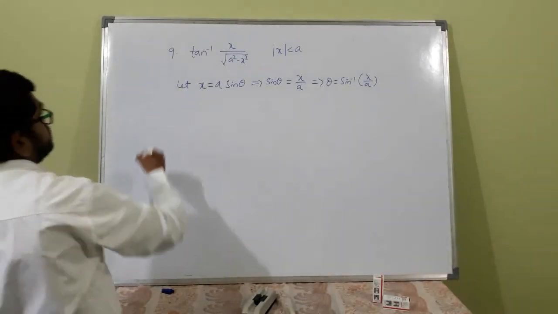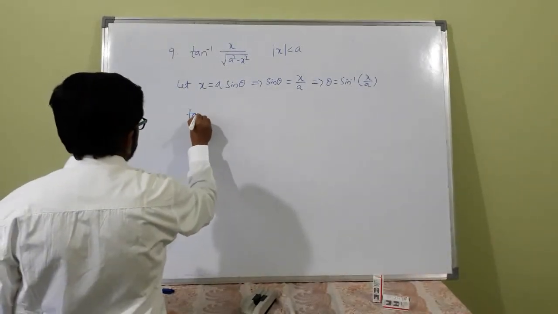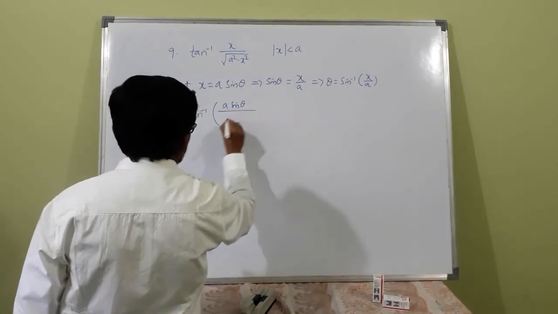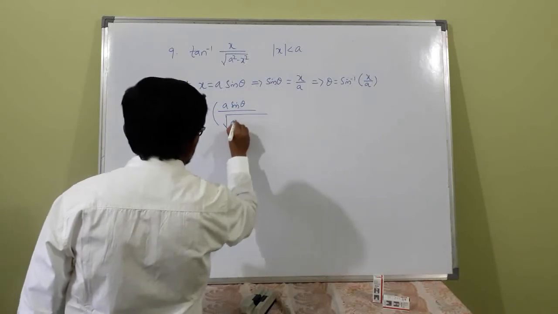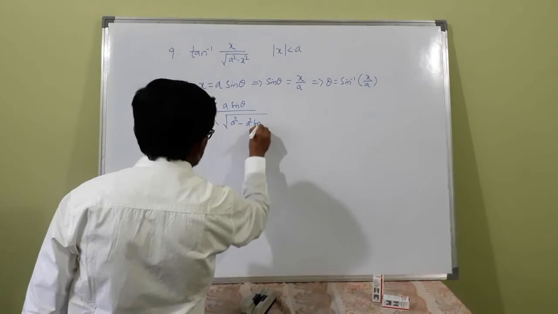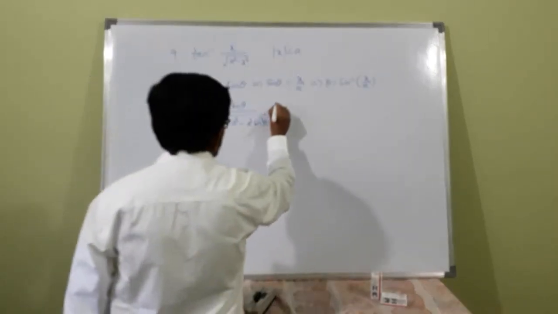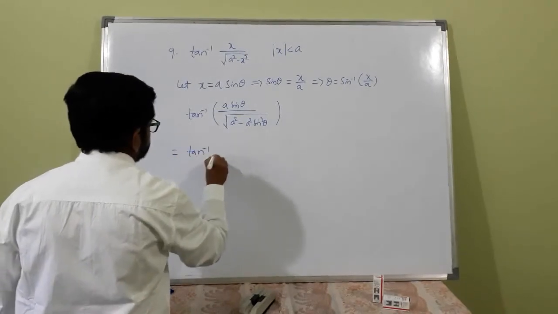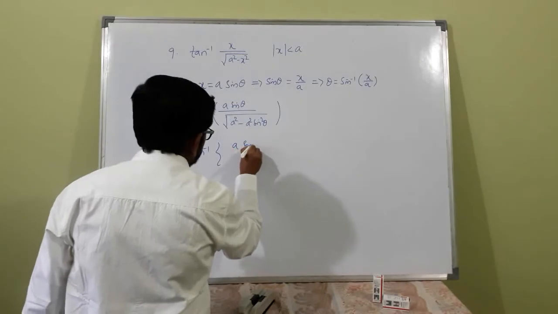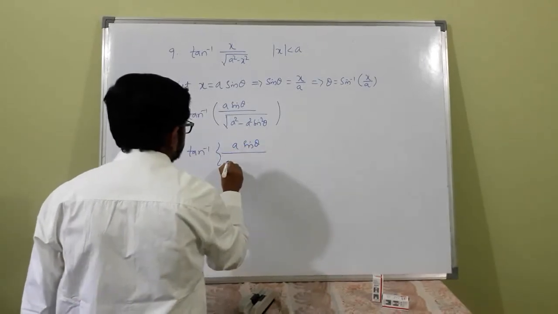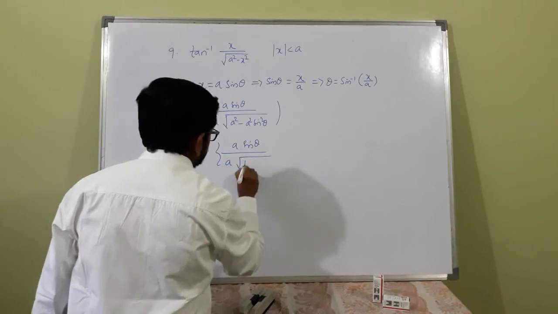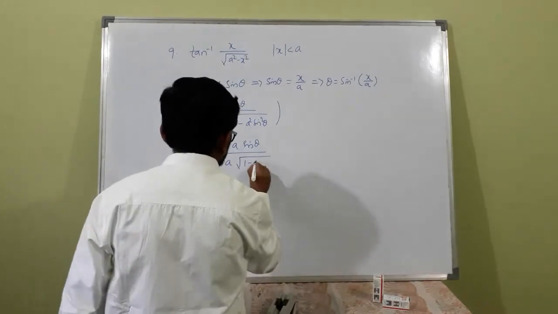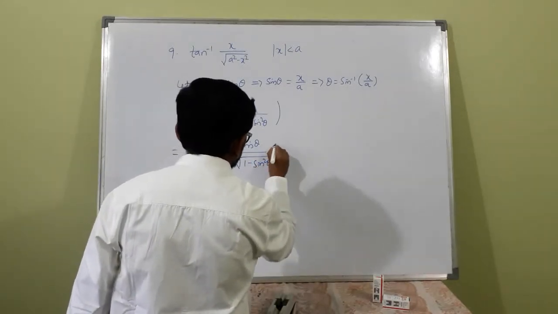Okay, now tan inverse of a sin theta divided by square root of a squared minus a squared sin squared theta is equal to tan inverse of a sin theta divided by, if you take a common, a times square root of 1 minus sin squared theta.